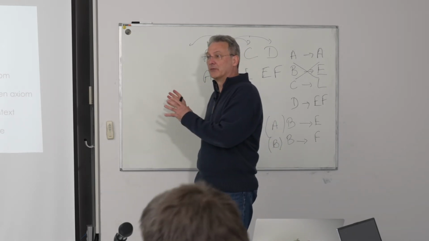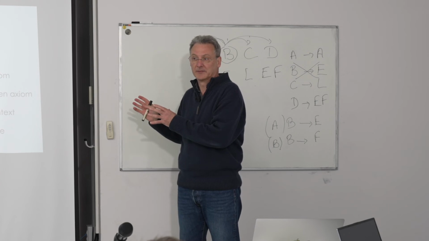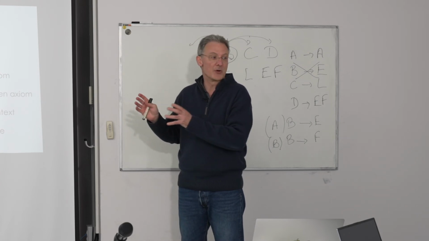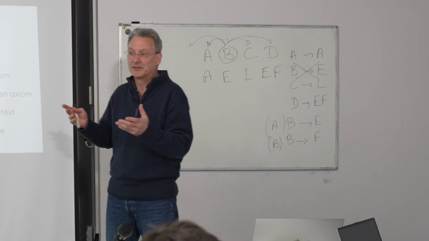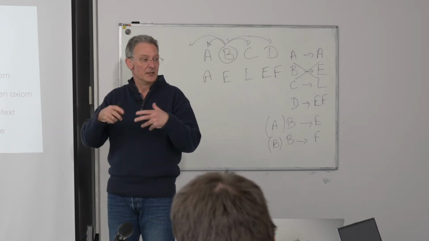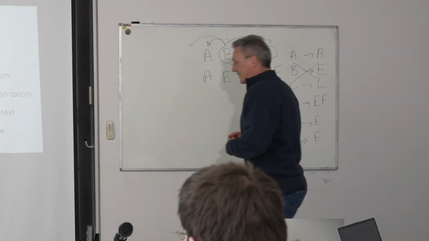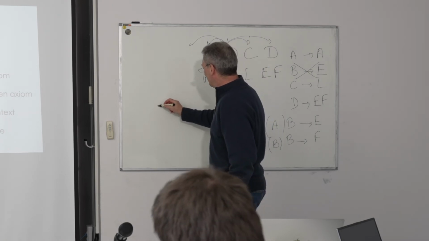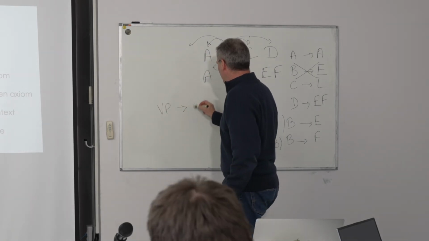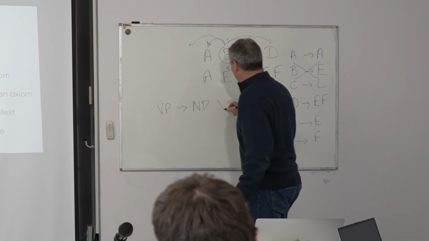So this vocabulary applies to Chomsky grammars. Chomsky's grammars are the grammars of natural language, let's say, or formal languages like in computer science. You say that a verb phrase is a noun phrase plus a verb.